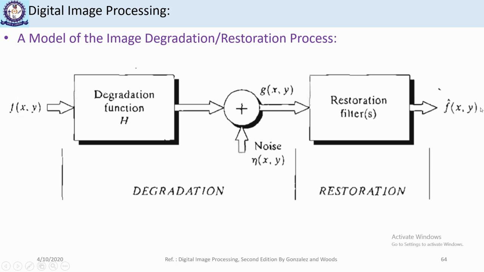So we will be able to retrieve this image if we have good knowledge about the degradation function, and good knowledge about the noise which has been added into the image. If we know these two, we will be very near to the original image at the output of this restoration filter. So hope this degradation and restoration process is clear from here.